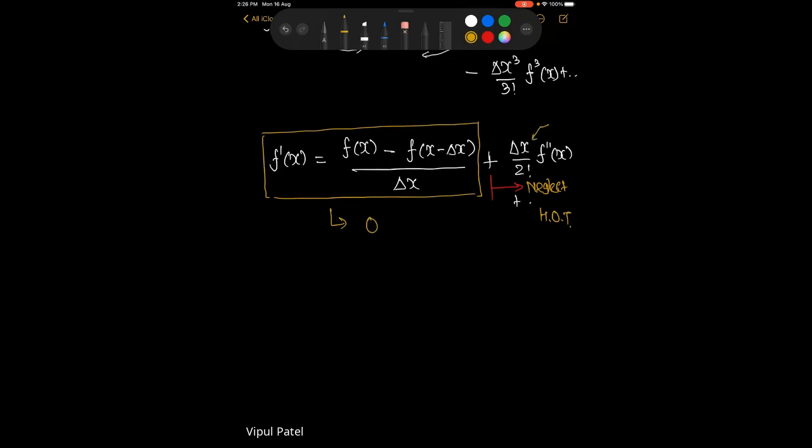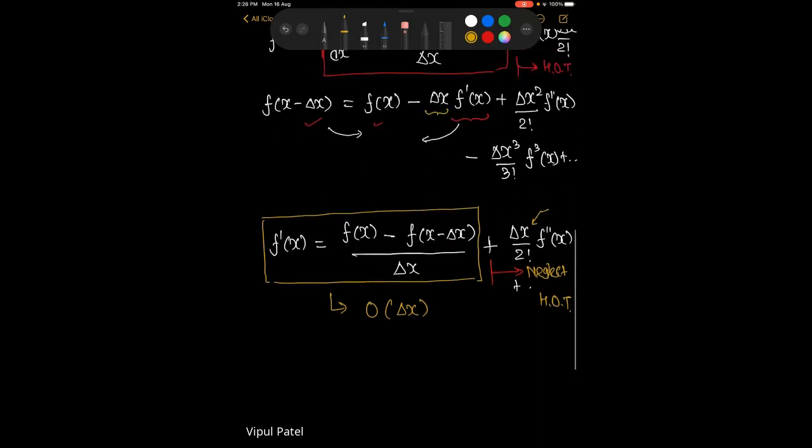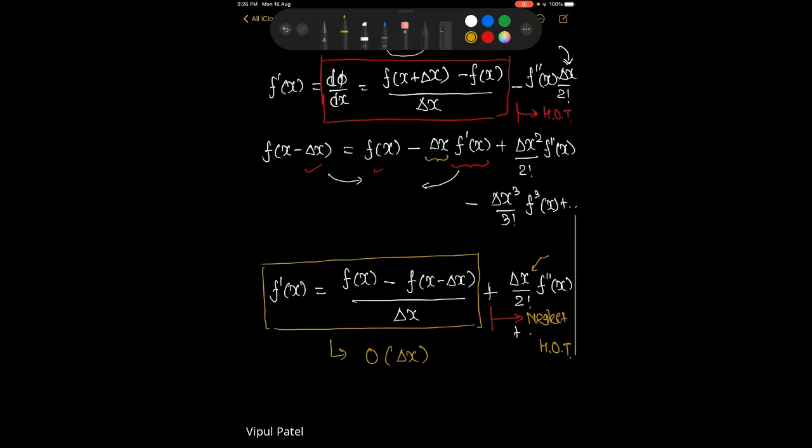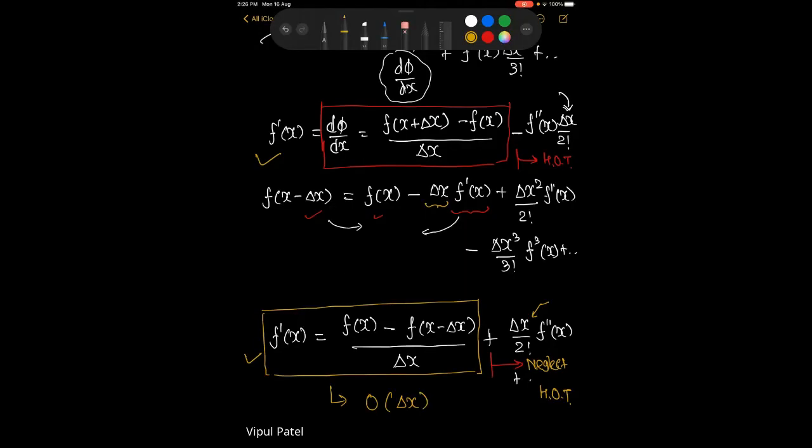And we know that the order of delta x is actually 1, so you can say that the order of accuracy is delta x, or you can say first order accurate, right? Now if you want to improve the accuracy of this formulation, then you have to have some formulation which has an order of accuracy more than delta x, or more than 1.